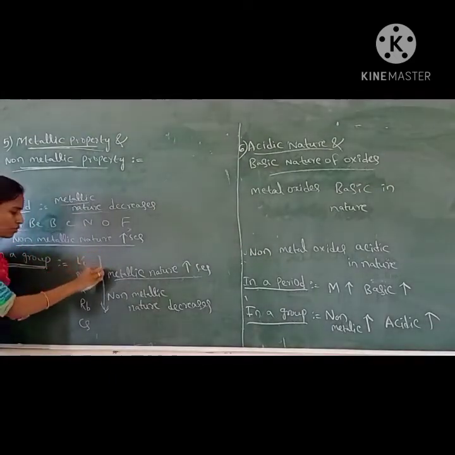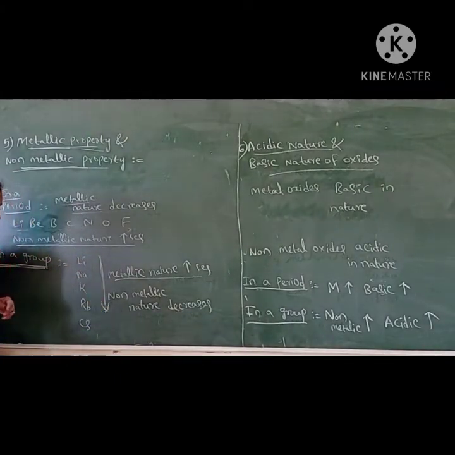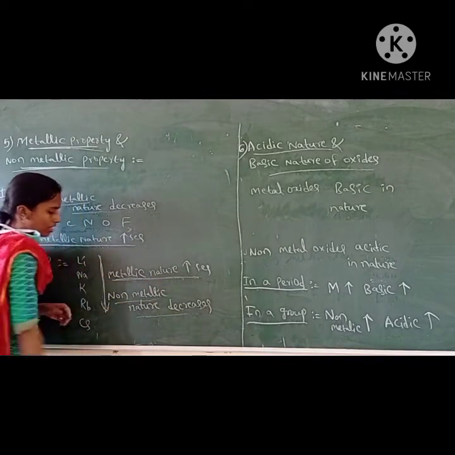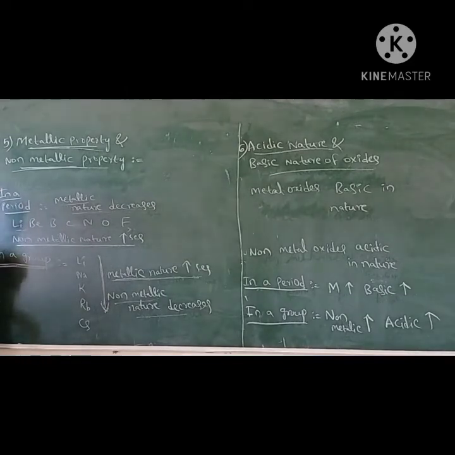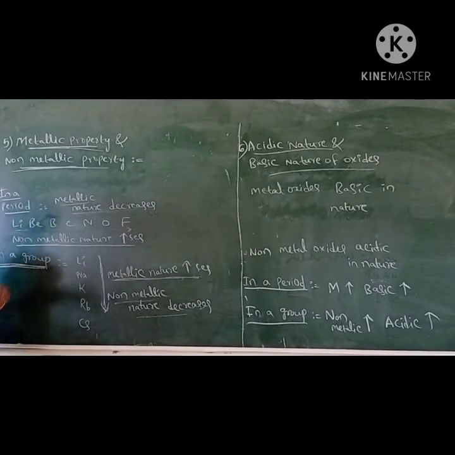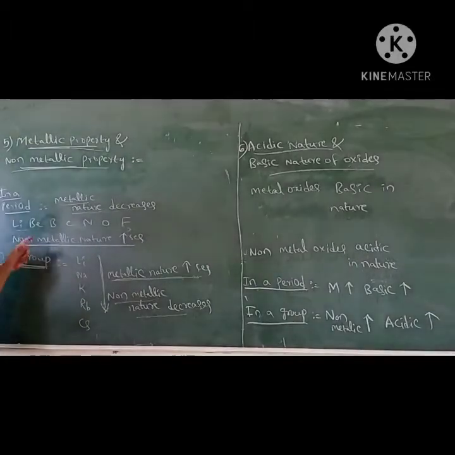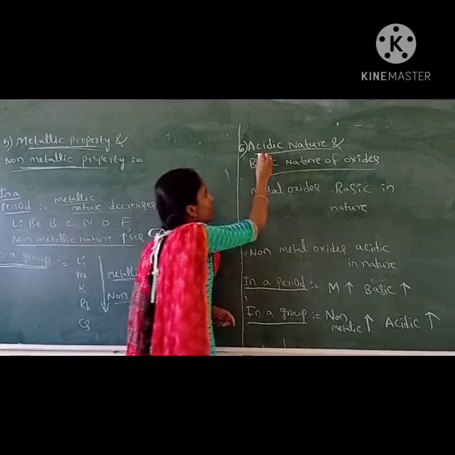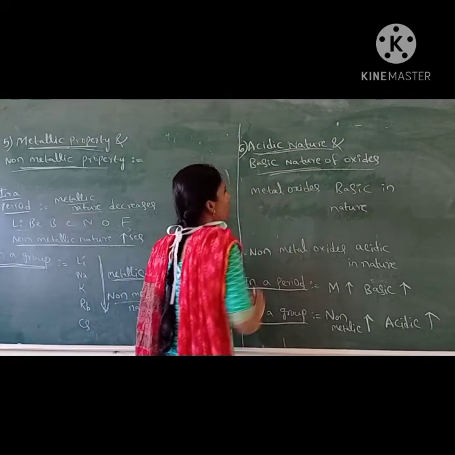So from top to bottom, metallic character increases and non-metallic character decreases. So this is the trend of metallic and non-metallic property. Metallic means losing tendency and non-metallic property means accepting electron tendency. So this is the fifth property, and let us see the last property, acidic nature and basic nature of oxides.